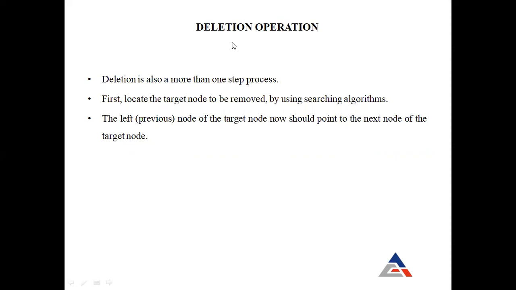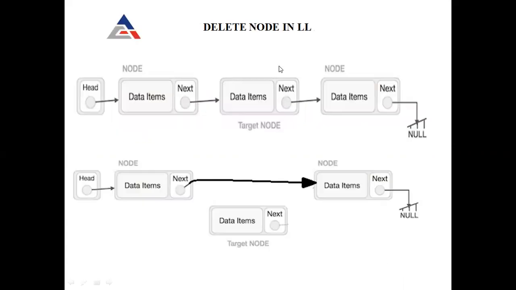Earlier, the previous node of the deleted node had the address of the deleted node, but once we delete the selected node, the address of the previous node will become the address of the node next to the deleted node in the linked list. So a little bit more operations are performed instead of a single operation. So we start with the deletion process.